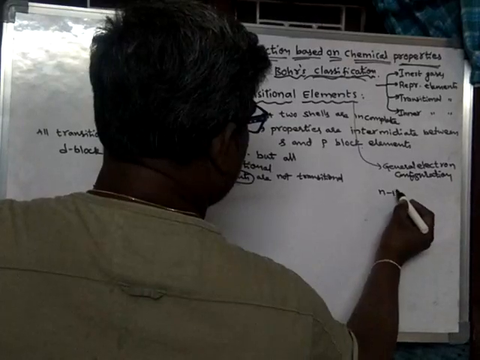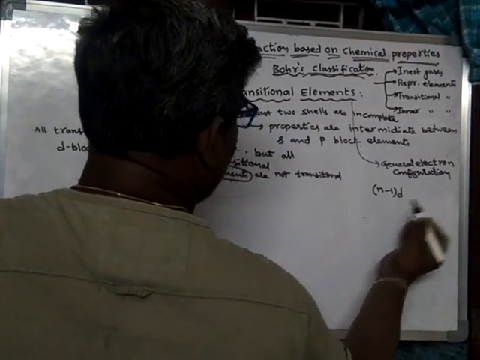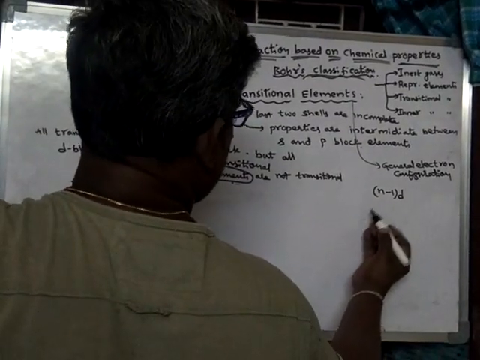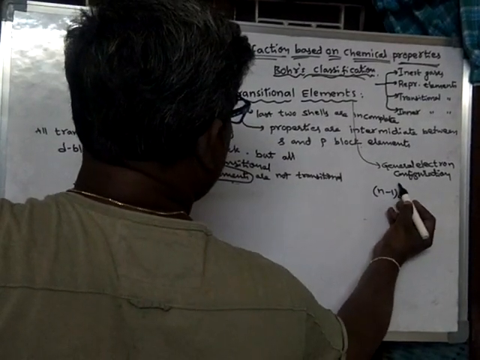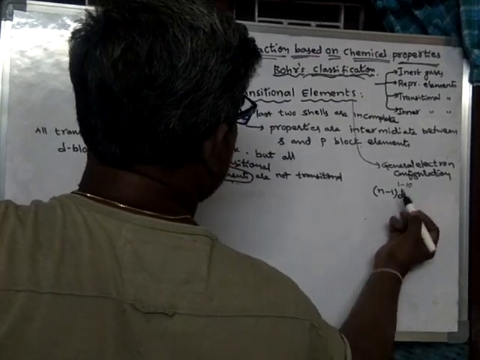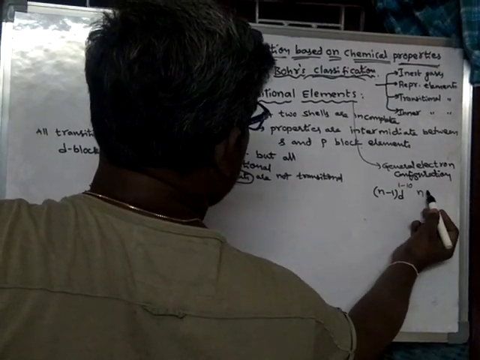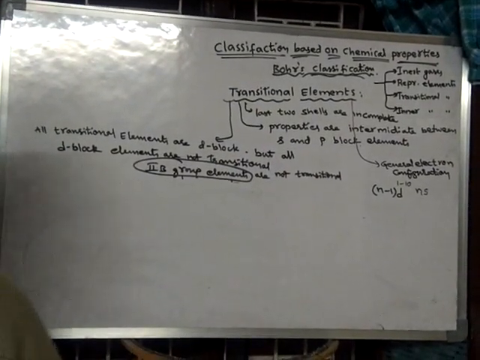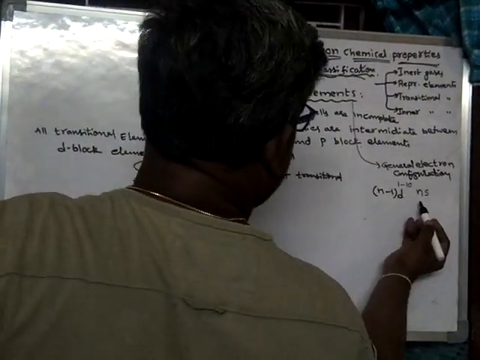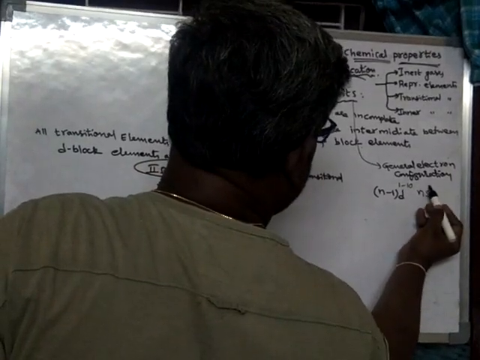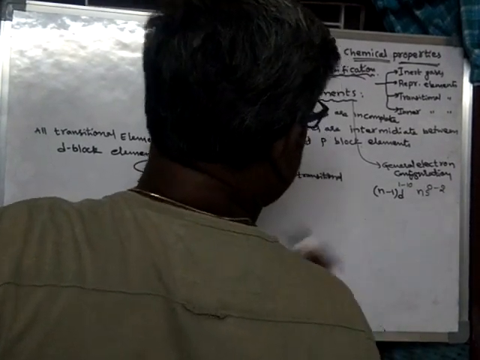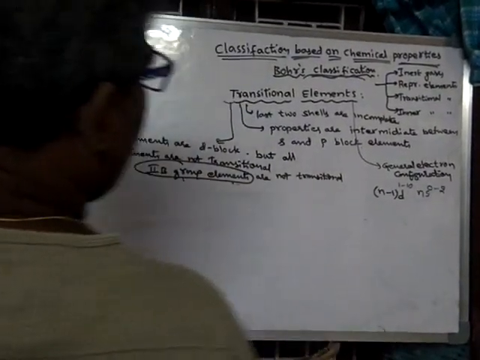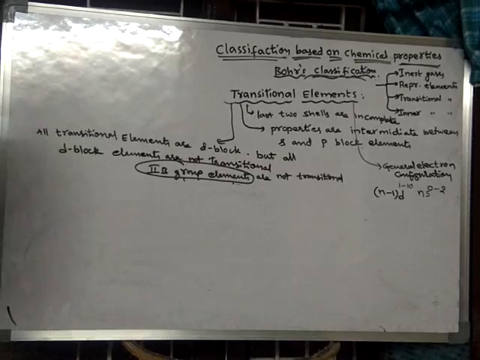In the last but one shell, the D subshell may contain 1 to 10 electrons, and the last shell of these transitional elements may contain 0 to 2 electrons sometimes. So this is the general electronic configuration of transitional elements.